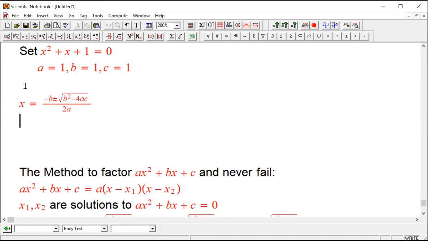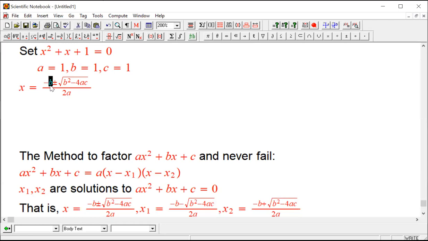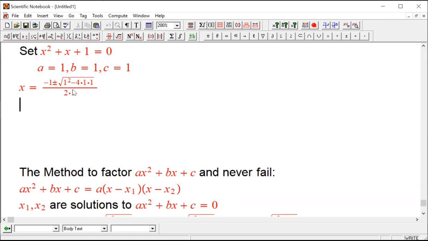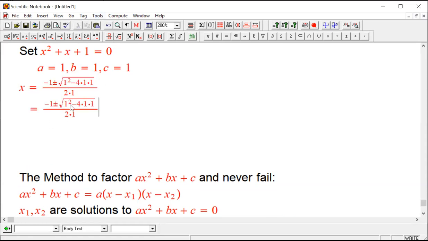Okay, so B is equal to 1. So this is minus 1, 1 squared, minus 4 times A, which is 1, times C, which is 1. So we substitute the numbers properly, and then we are going to simplify. 1 squared is 1, 1 minus 4 is -3.